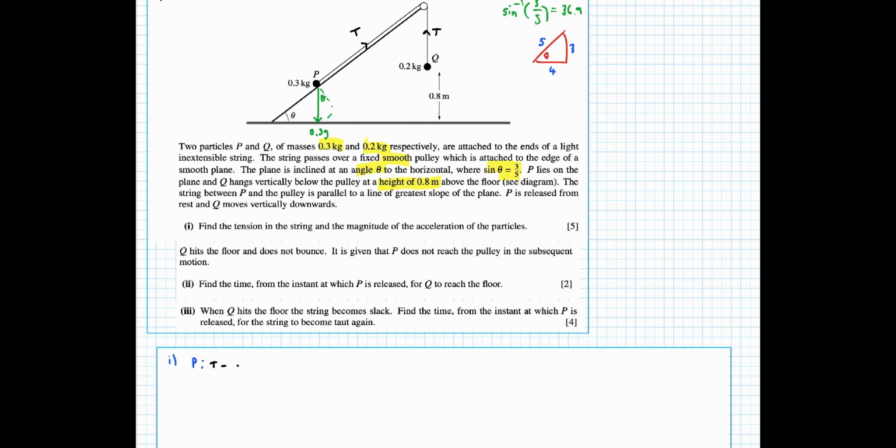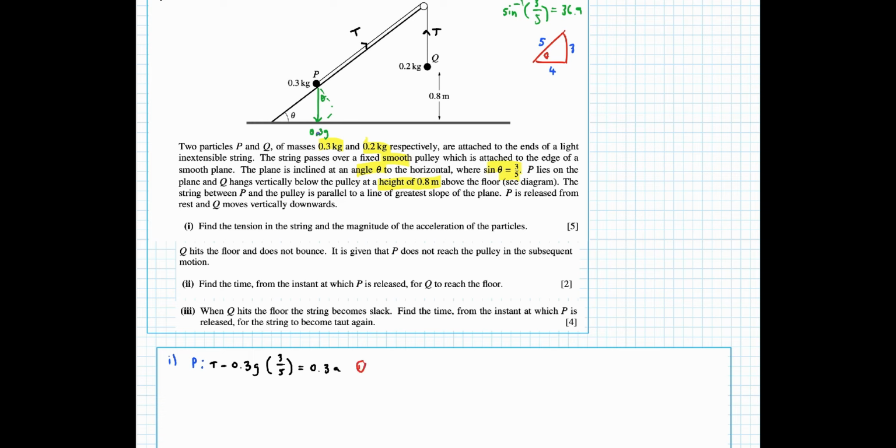So P, you got T minus 0.3 G times 3/5. So that's the sine component that's parallel to the incline. So that's our force. There are forces equal to 0.3 A. F equals ma.